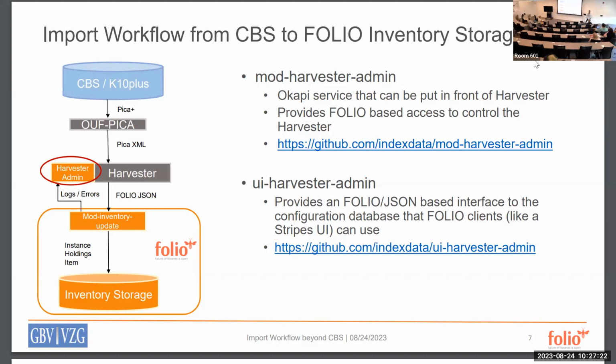And we hope that Harvester Admin will very soon be part of the FOLIO world. It isn't yet. The Harvester Admin is an Okapi service that can be put, or in our case is put, in front of the harvester and provides FOLIO-based access to control the harvester, as I said, for logs and errors. I will show it to you. And it has a front end and a FOLIO look and feel.